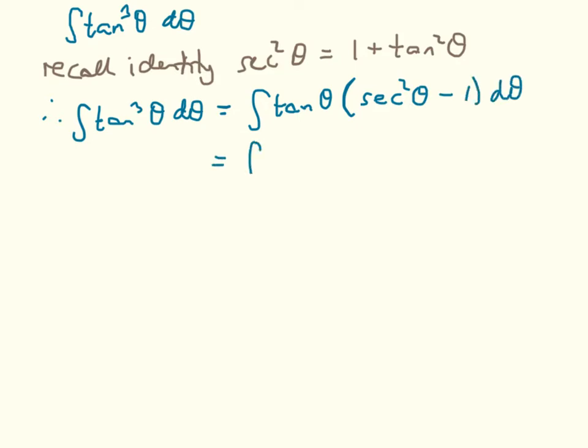So this gives us two integrals now. It's the integral of the tangent of theta times sec squared theta with respect to theta, minus the integral of the tangent of theta with respect to theta.